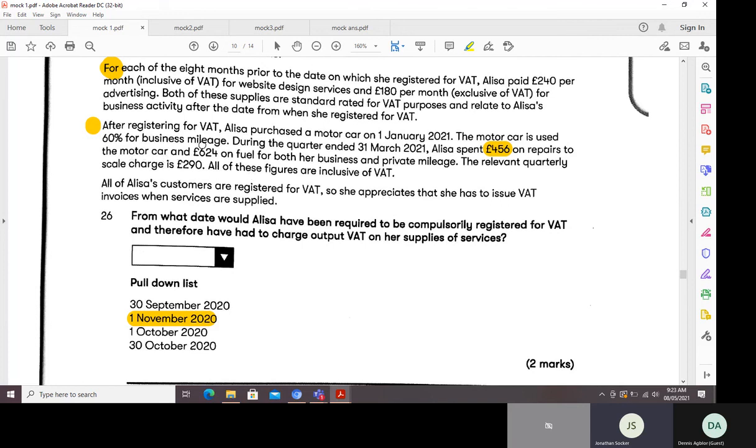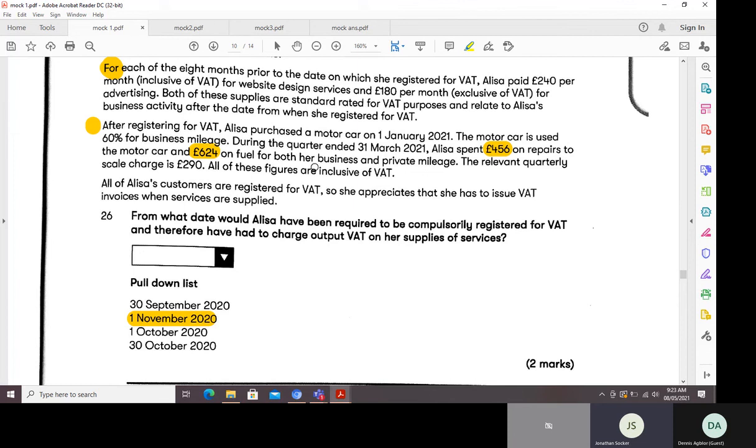And then 624 on fuel for both business and private mileage. So we also spend so much on fuel. The relevant quarterly scale charge is 290. All the above figures are inclusive of VAT. Okay, fine. So that's the information we need to calculate our input VAT on motor expenses.